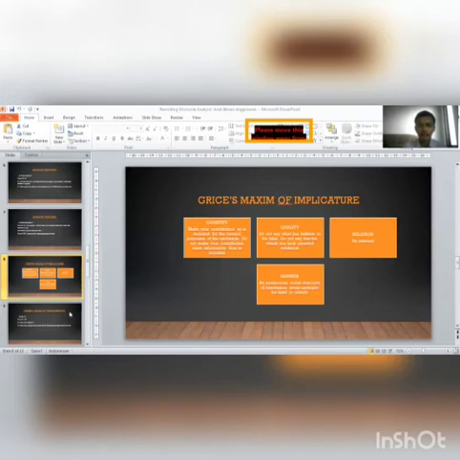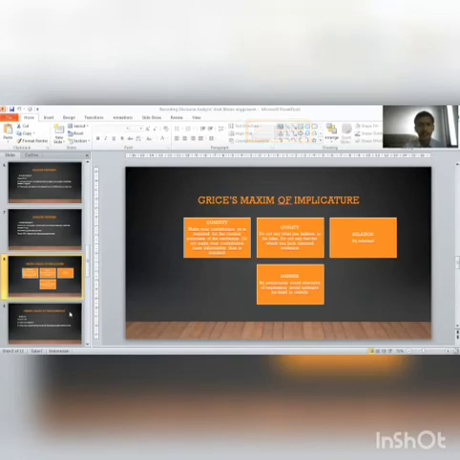Be brief: provide information in a consistent manner that allows your recipient to focus on the key details.